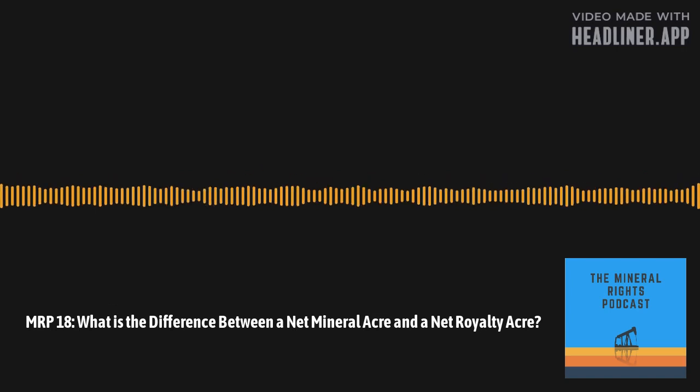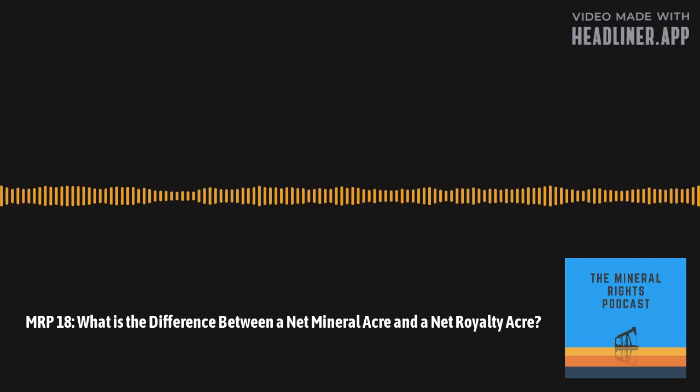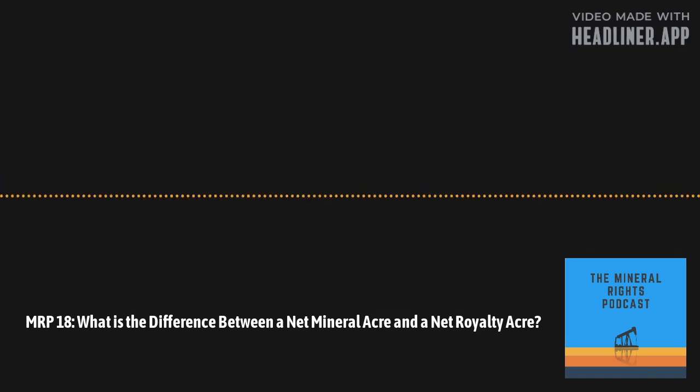We'll give you a couple of examples so that you can make sure you know how to do this. In the example I mentioned earlier, where your neighbor got the purchase offer of $5,000 per net mineral acre, if you know their royalty rate, you can figure out the dollars per net royalty acre to compare your offer in terms of dollars per net royalty acre.